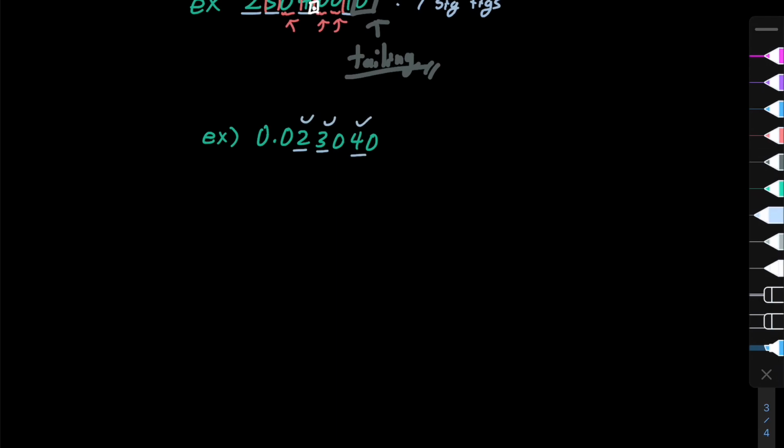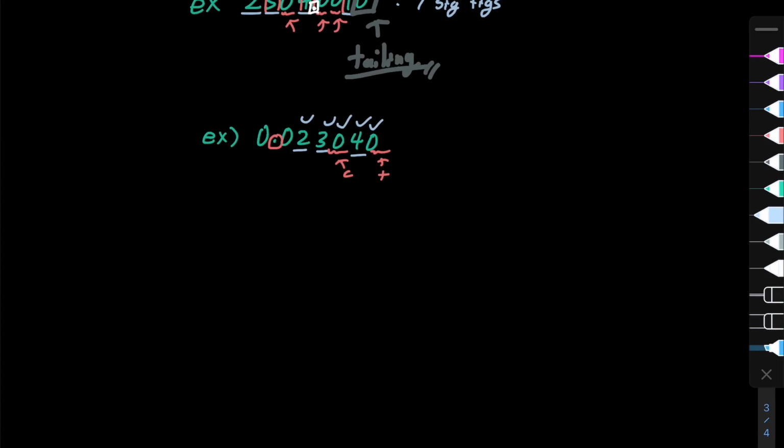And this 0 in the middle is a captive 0, and hence would be counted as a significant figure. And this 0, on the other hand, is a trailing 0. And trailing zeros are counted if there is a decimal point. In this case, there is a decimal point. So this trailing 0 would also be counted.